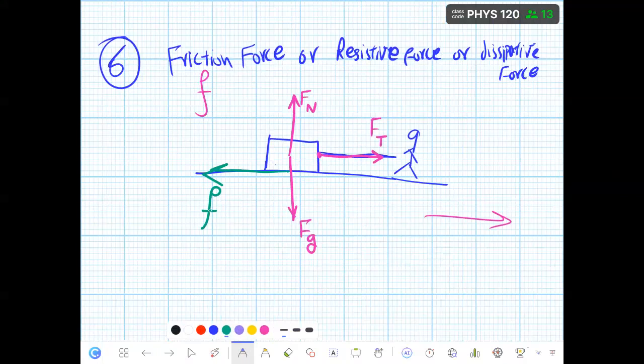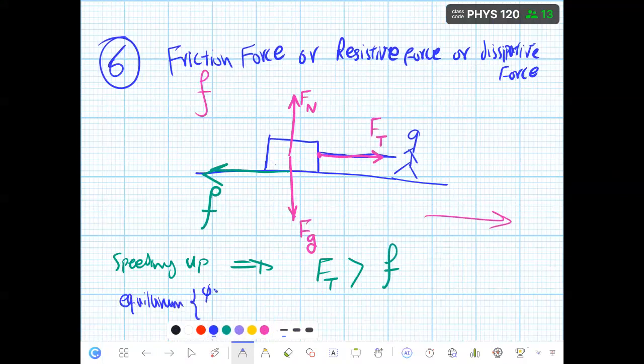If the system is accelerating, what does it mean? The tension force is speeding the system up, so it means that the tension force is bigger than the friction force. Good. If the system is in equilibrium, what does it mean?